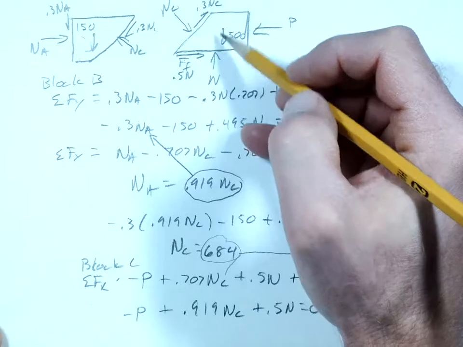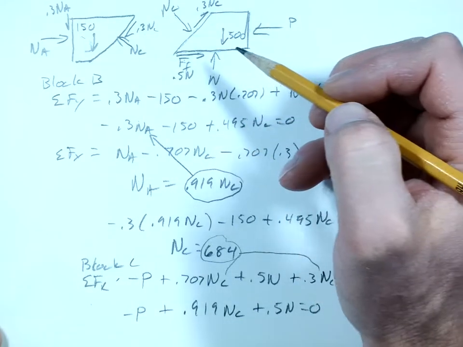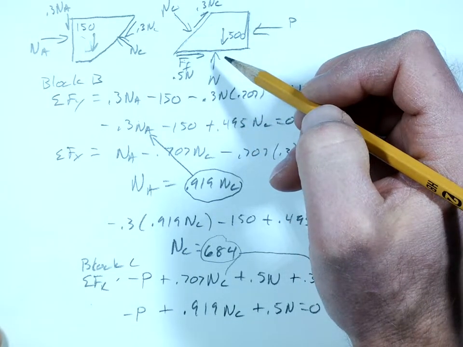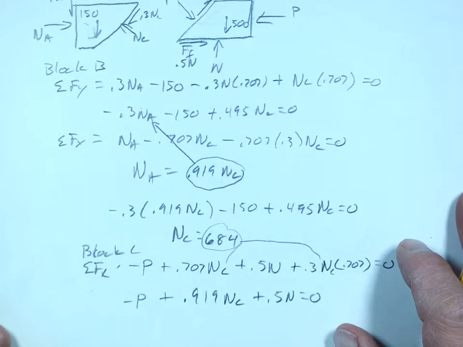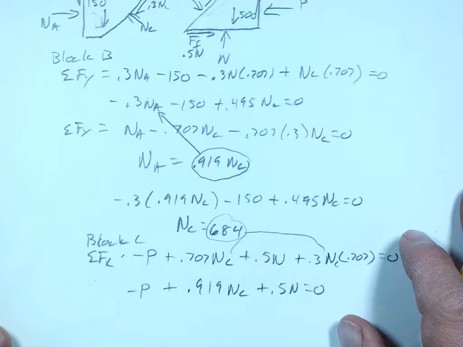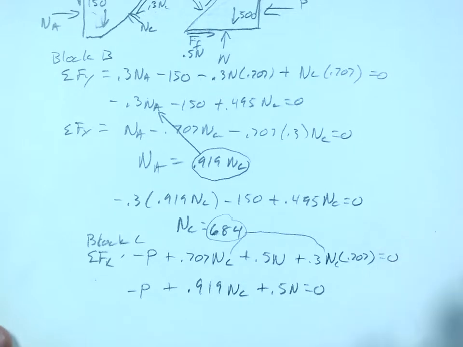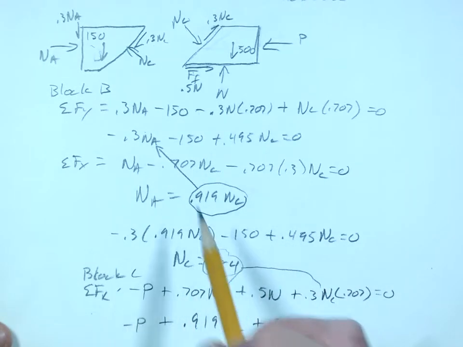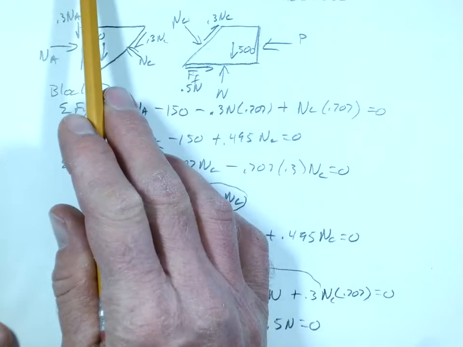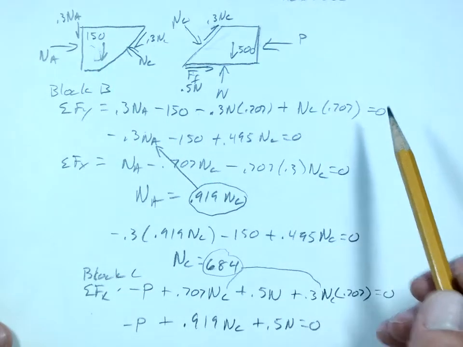So let's sum the forces in the Y direction to find N. Oh wait, I didn't want to do that. I want to find out whether block A moves. That's my goal.